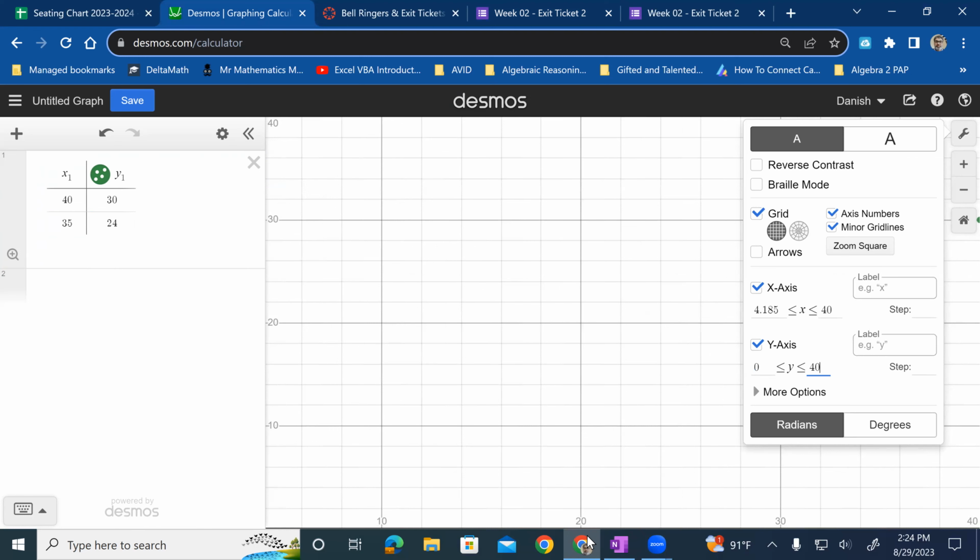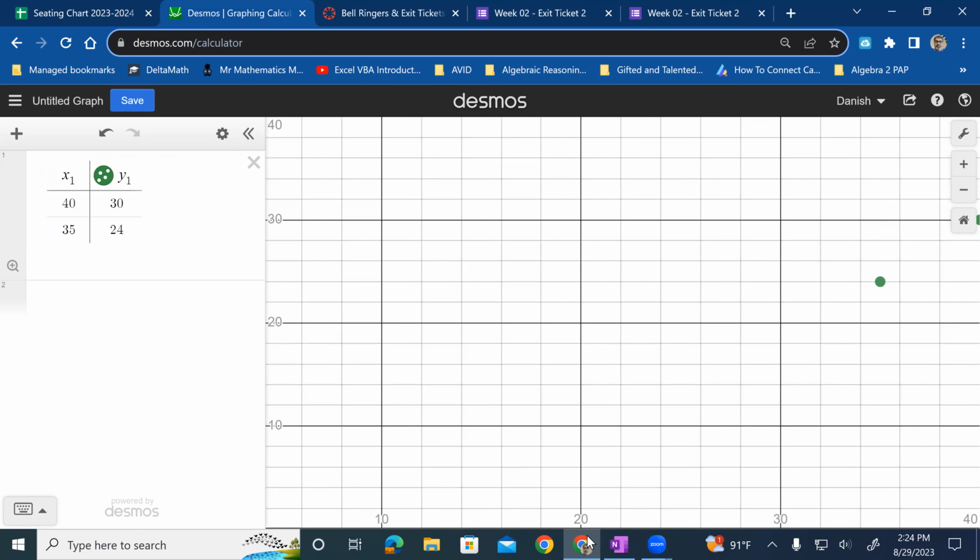Now I hope the points will be clearly visible to us. Okay, so 40 and 30, that's fine. Do you remember how I brought these points into view with the scale? You don't know how I changed the scale?